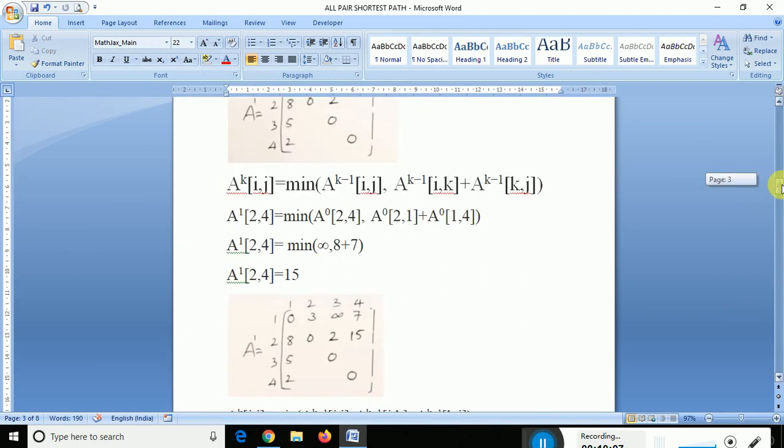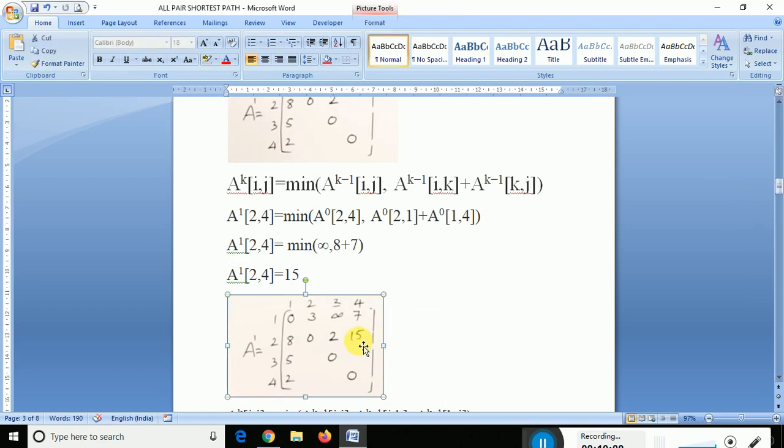So I have written 15 here as the answer.